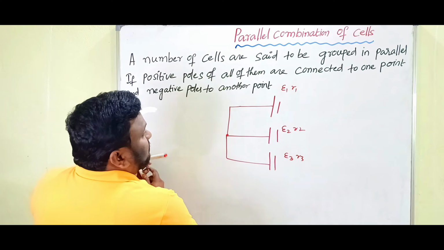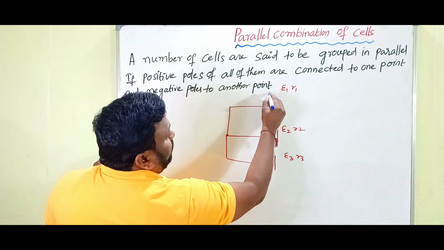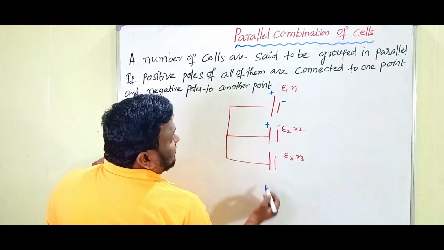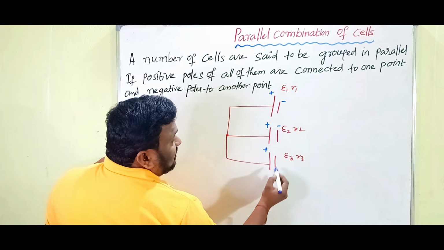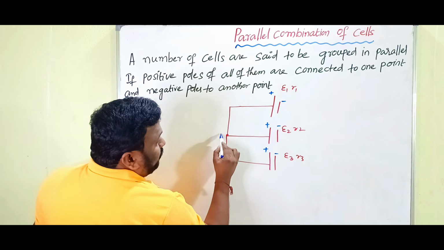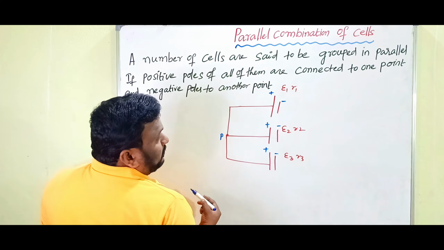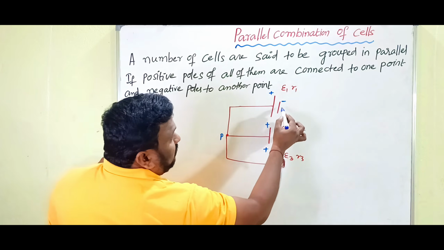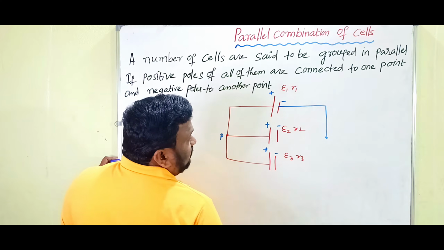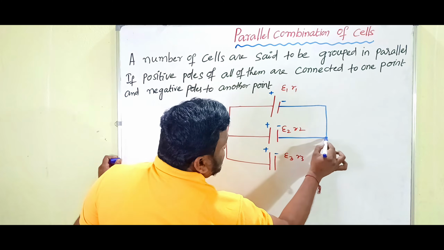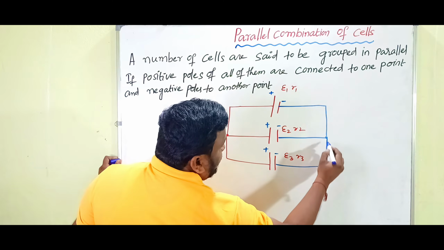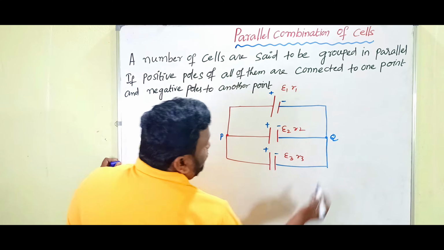Positive of the first cell, positive of the second cell, and positive of the third cell, all positives are given to one point, I am saying that is P. Now all the negatives are given to one more point, this is Q.